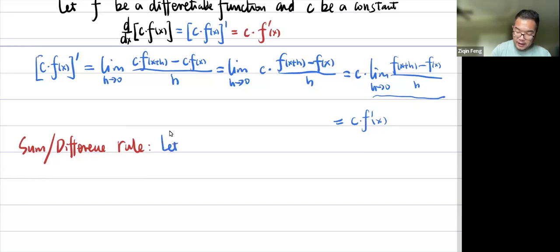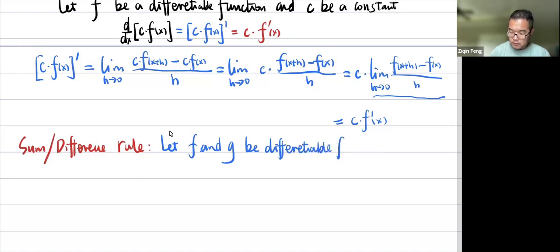Let f and g here be differentiable functions, I.e., f prime and g prime exist, right?